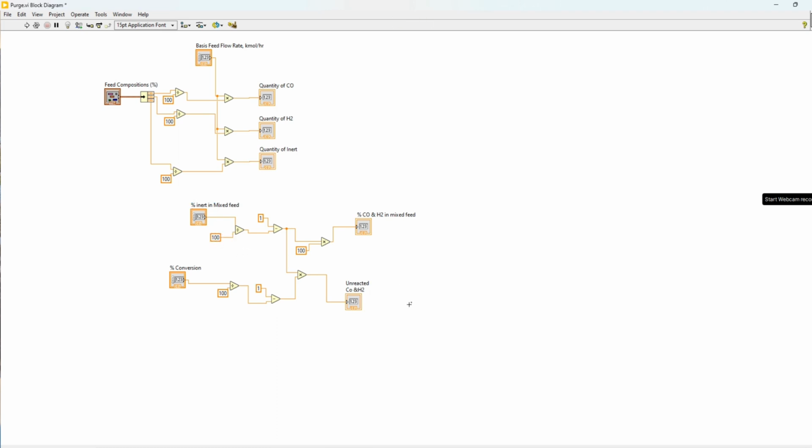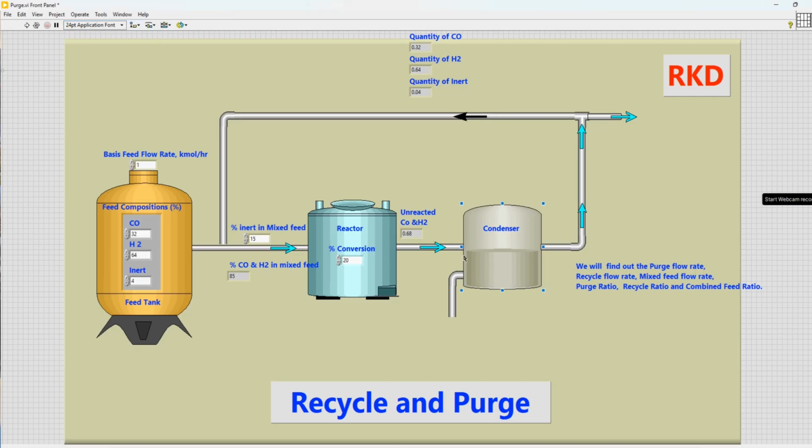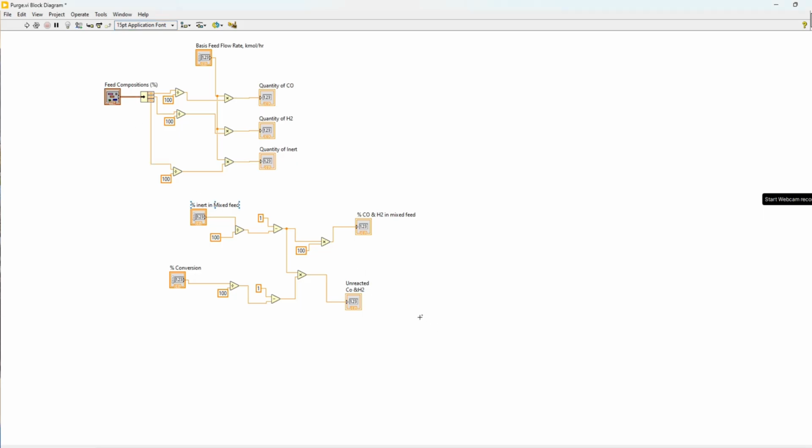So the total unreactant part, from here, if you'll see, the unreactant part will enter into that and then will come out. So the total unreactant which comes out from the condenser, we have to take both parts, this one and another is this one.